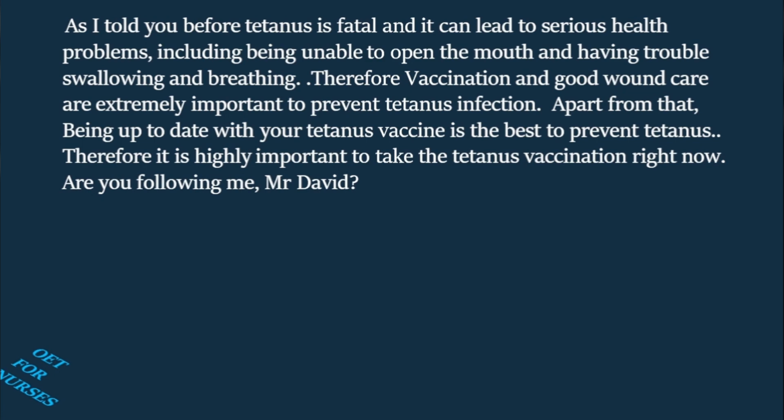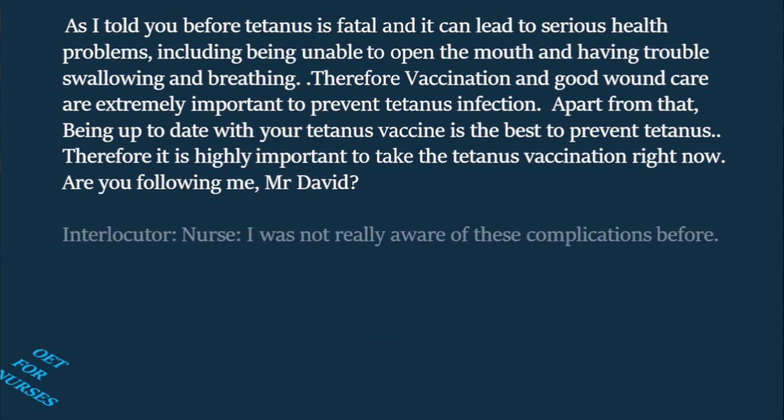Therefore, vaccination and good wound care are extremely important to prevent tetanus infection. Being up to date with your tetanus vaccine is the best way to prevent tetanus. Therefore, it is highly important to take the tetanus vaccination right now. Are you following me, Mr. David? Nurse, I was not really aware of these complications before.